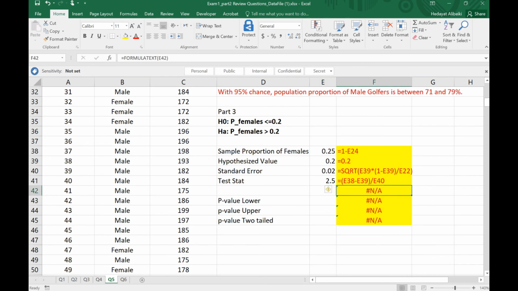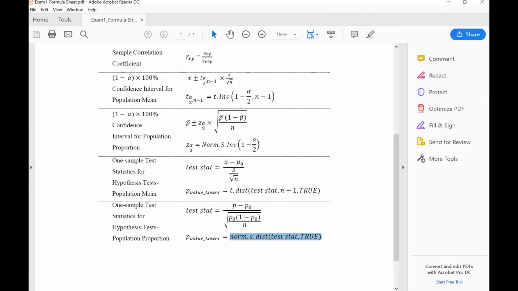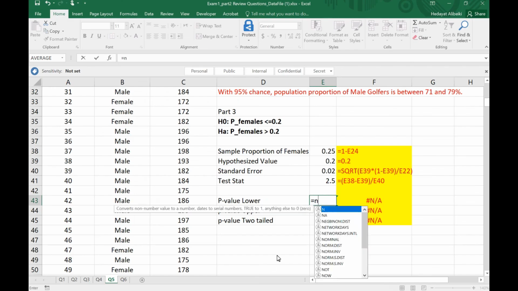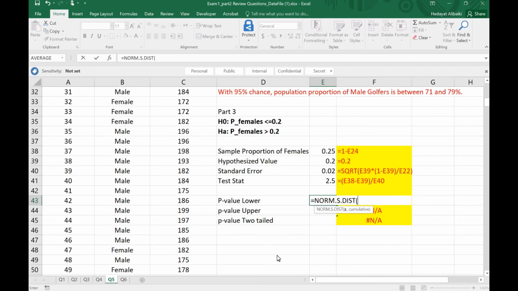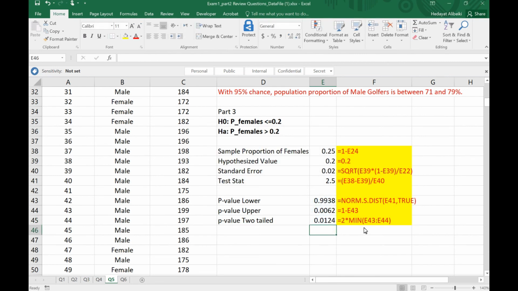For the p-value lower tail, if you look at the formula sheet, this is the formula that we need to use: NORM.S.DIST of the test stat, and for cumulative just put TRUE. The p-value upper tail would be 1 minus the p-value lower tail, and the p-value two tail is going to be 2 times the minimum of these two. So these would be the p-values now.